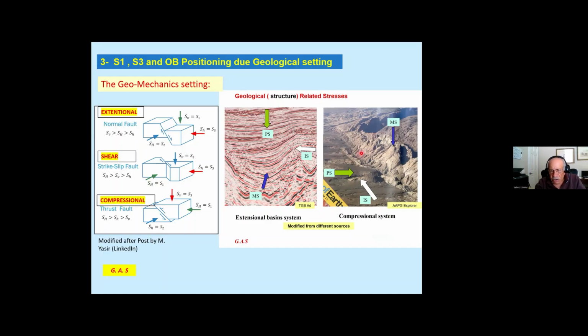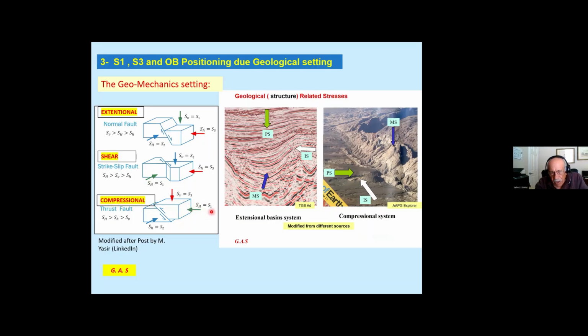Here is compression. So in the conventional way, we consider the principal stress is vertical, or the weight of the sediments. Can we use that principal stress here as the weight of the sediments? No, because this is compressional right here.